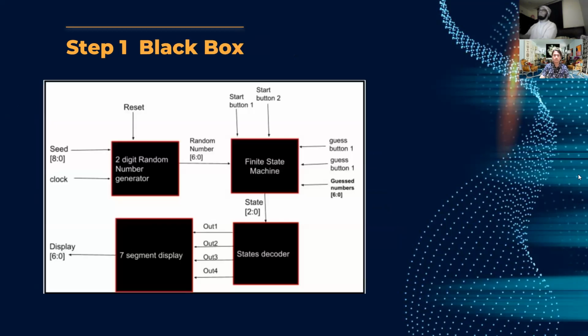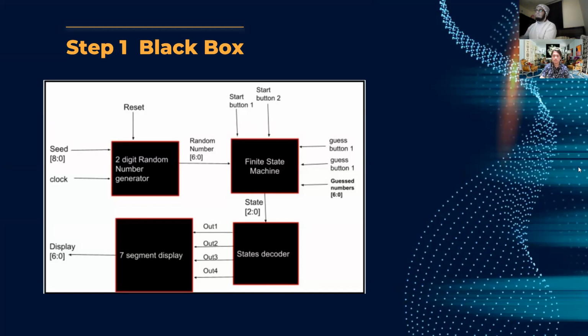Going to step one, we made a black box explaining how it works, from the random number generator to the finite state machine to the state decoder and the 7-segment display. The 7-segment display is used to display the phrases written in our machine, like low, high, displaying play, displaying nice.